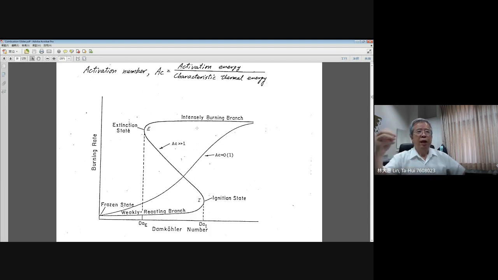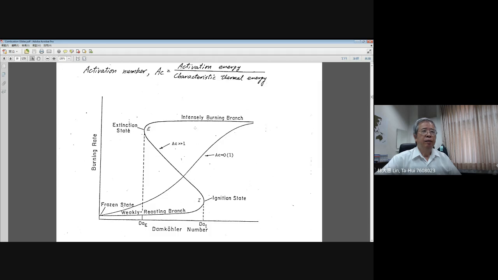Conversely, an originally strong burning flame in the upper branch will suddenly disappear at the extinction state. At this point you have a flame, but suddenly extinction occurs, and you will jump to the lower weakly reacting branch.